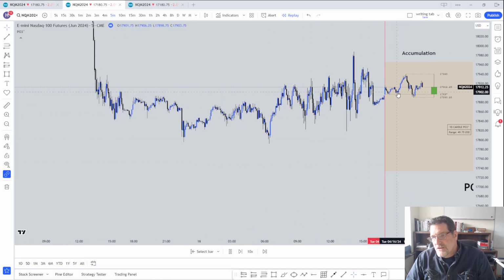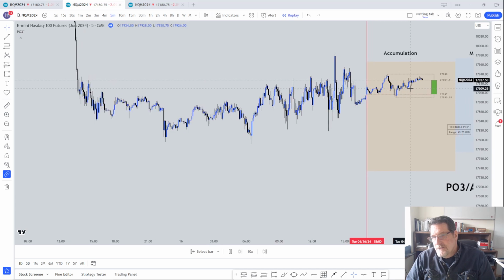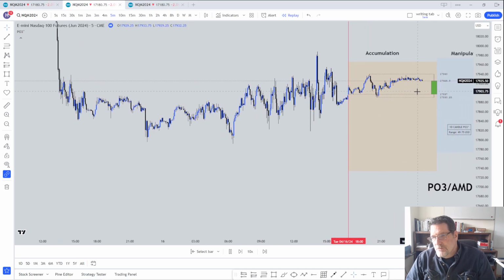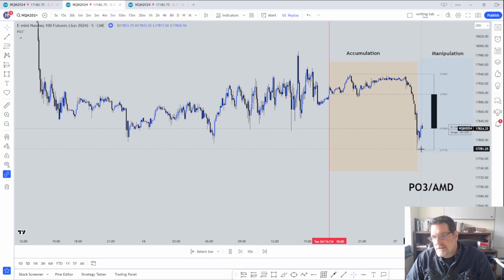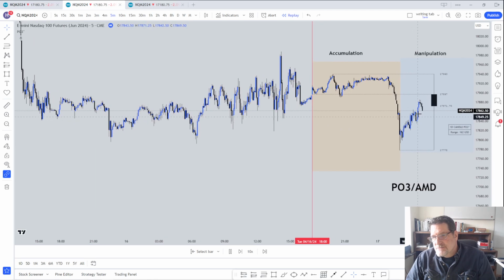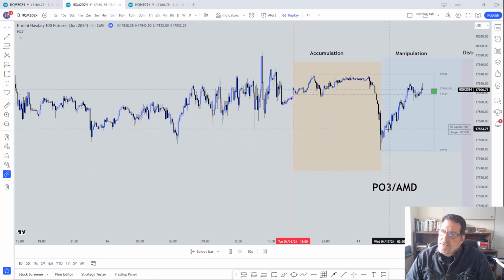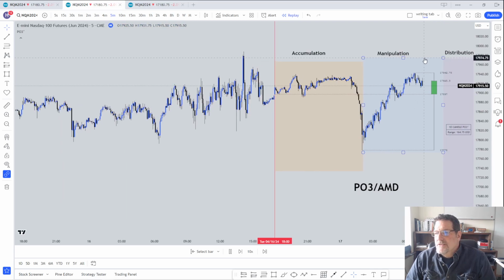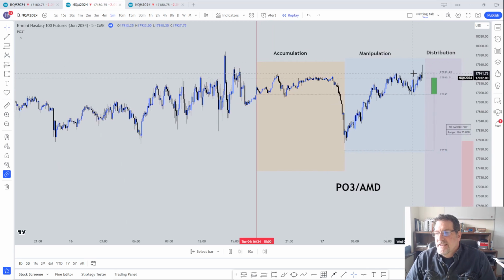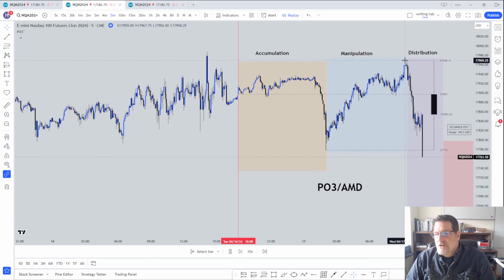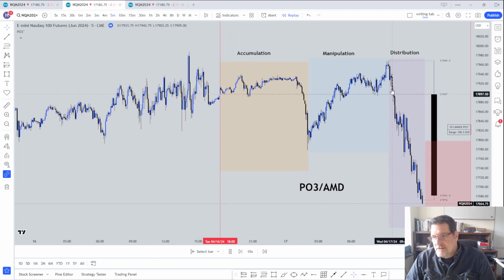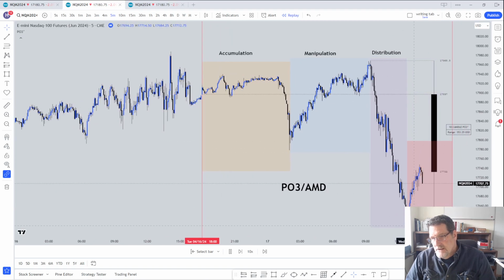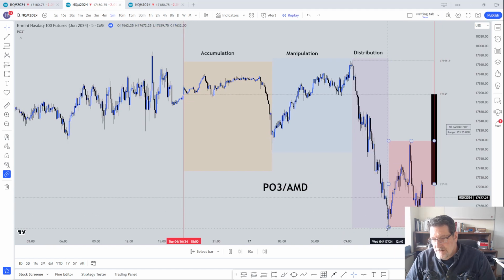So here we have accumulation now, and then they're going to drive it lower in this accumulation and create manipulation. Well, now they're just taking the market up. They're creating the illusion that the market's going to be bearish or bullish for the day. And then the New York Open happens somewhere around here, and we have distribution. And then they meet objectives.